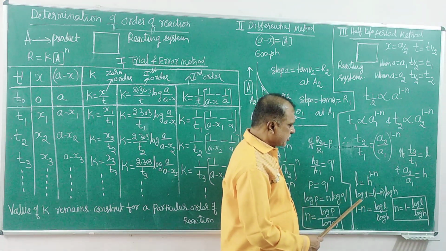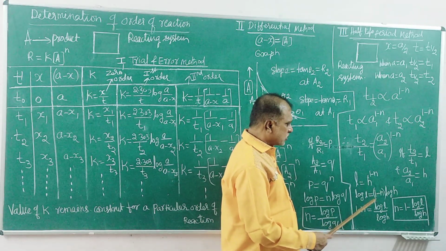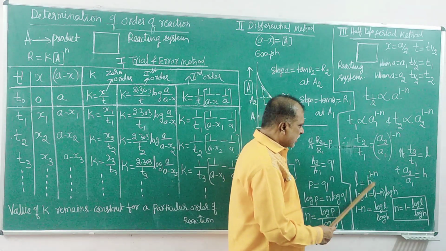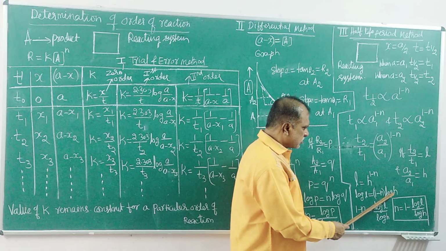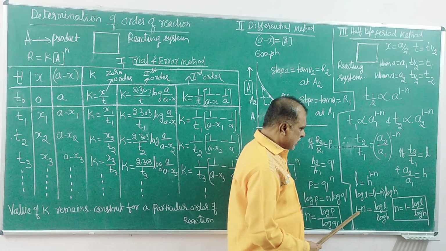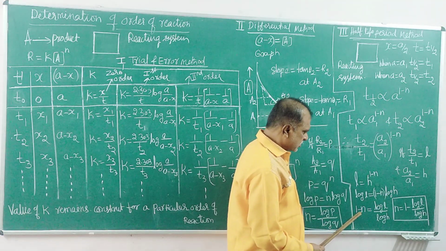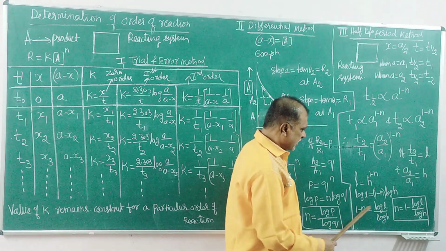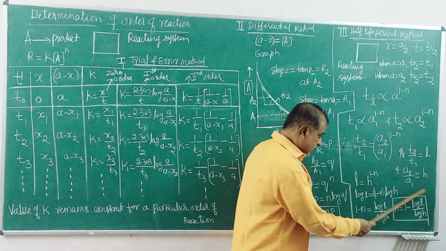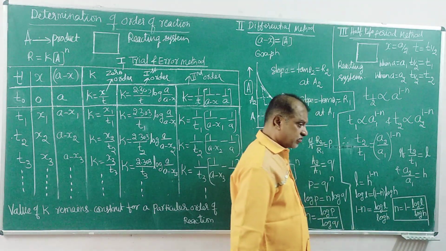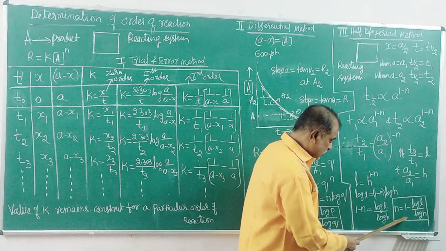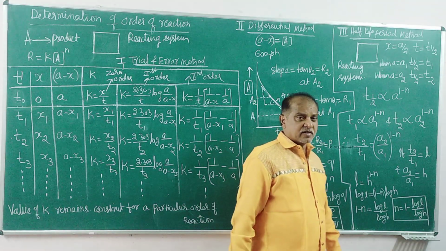Evaluation is by taking log on both sides. Log of this is equal to the exponent into log of this. So 1 minus n is equal to this divided by this. Taking this to the other side, n equals 1 minus the quantity log L minus log H. Knowing all these values, the value of n can be calculated.